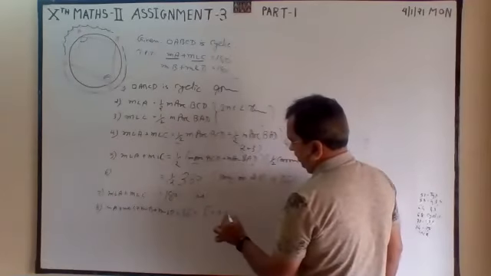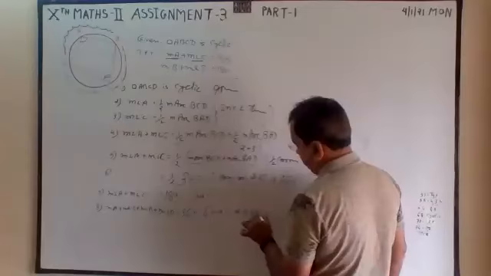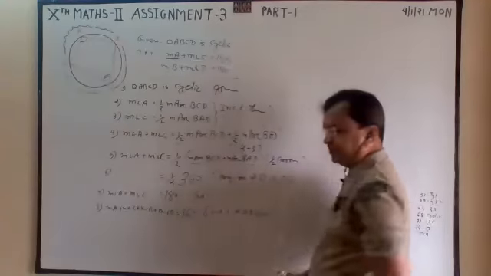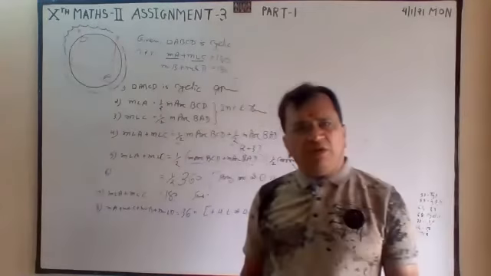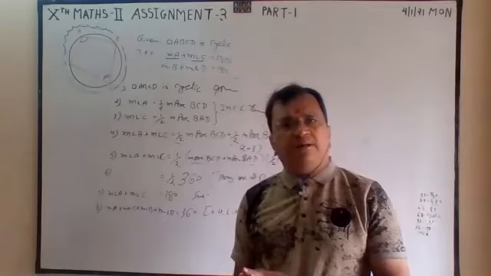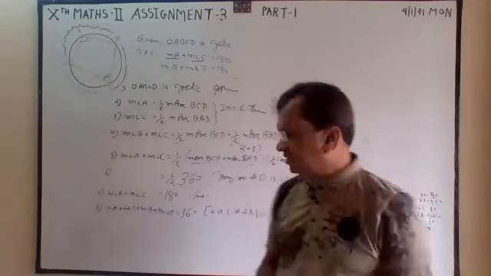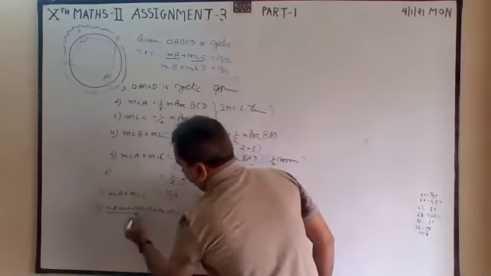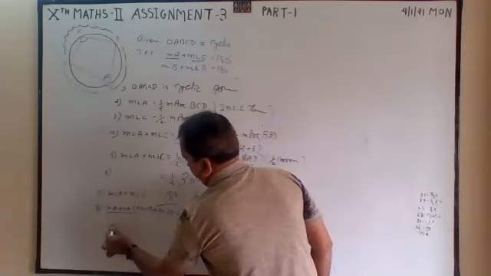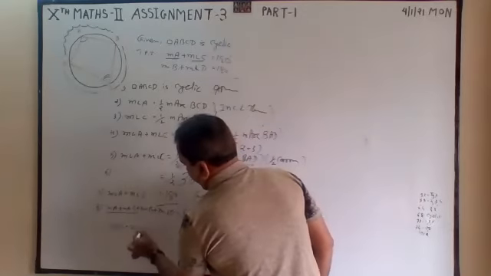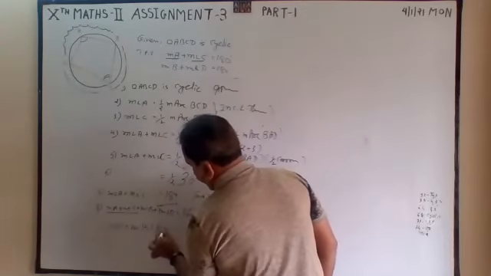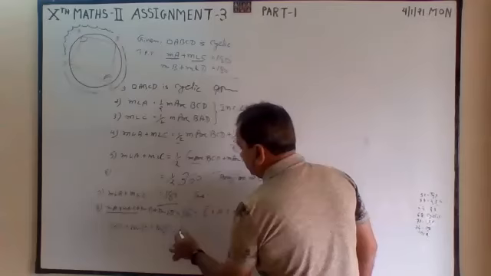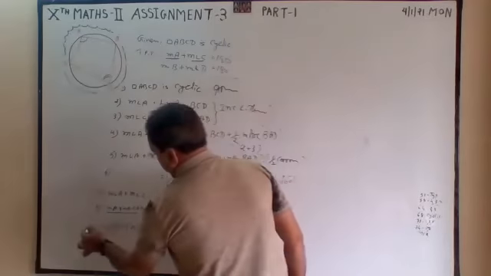Sum of four angles of a quadrilateral is 360. You have to write in full form. Sum of four angles of a quadrilateral is 360. But this much we have proved, it is 180. So 180 plus measure angle B plus measure angle D is equal to 360.